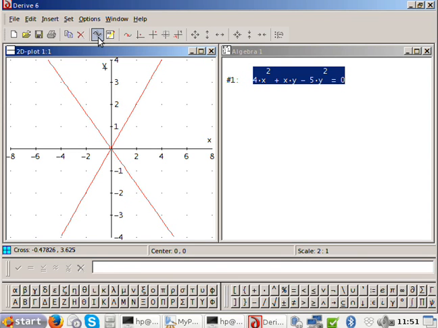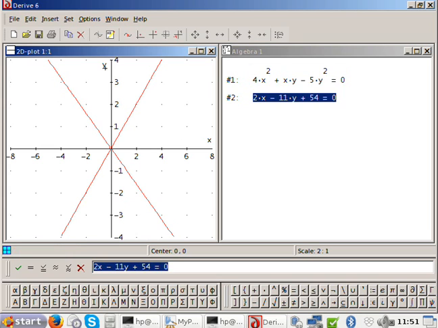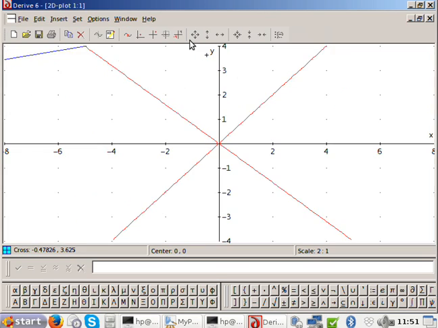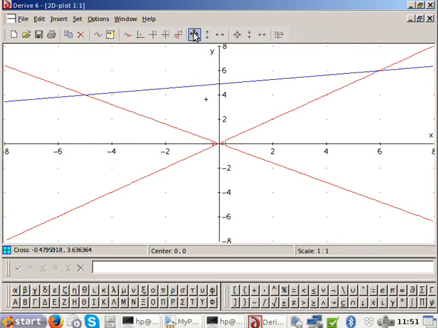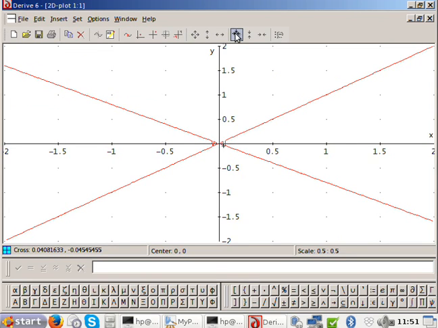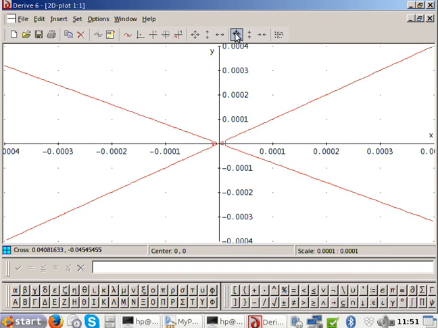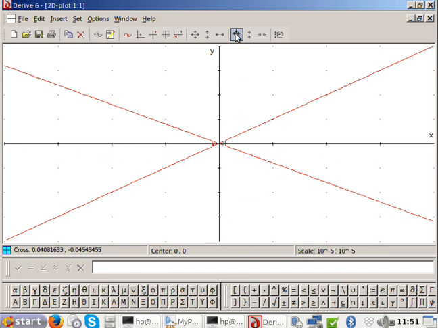Here's the graph. And then the other one was 2x minus 11y plus 54. And here's this graph. So let me just zoom out. So you see why there's two answers. But it's not a quadratic, it's some kind of weird quadratic. Let's zoom in. It's weird because I keep zooming in and it looks the same.